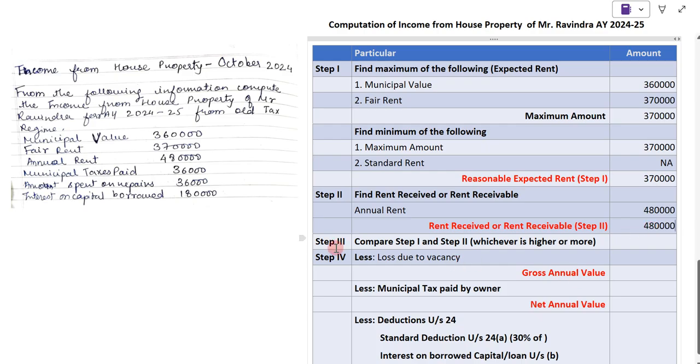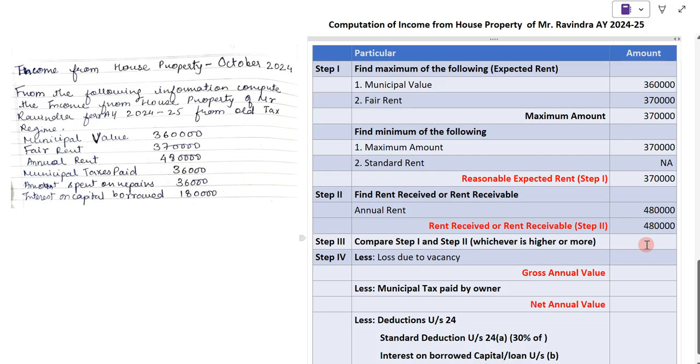Now step number 3 is to compare step 1 and step 2. Step 1 value we got is 3,70,000 and step 2 value we got is 4,80,000. From these two, whichever is greater or higher will be the value for step 3.